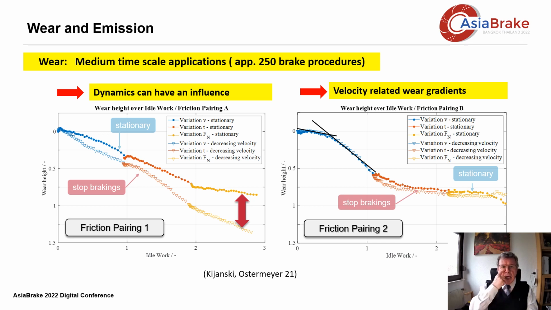The amount of wear can depend directly on the speed or also on the braking dynamics. On the left, you can see clear differences between steady state and transient braking operations. This is not to be found in every friction pairing, but contains a lot of optimizing potential when looking at meaningful brake operations with minimal emissions.